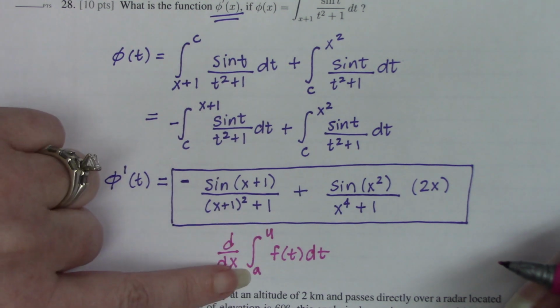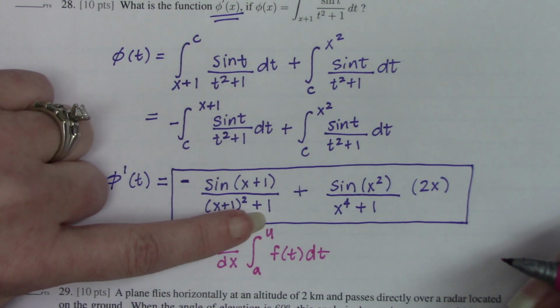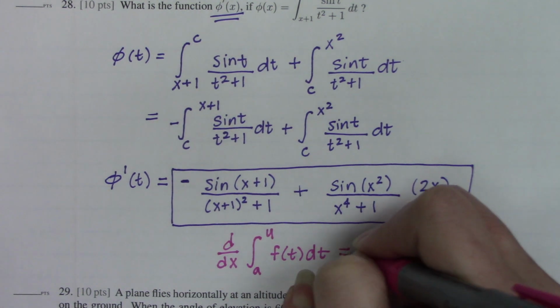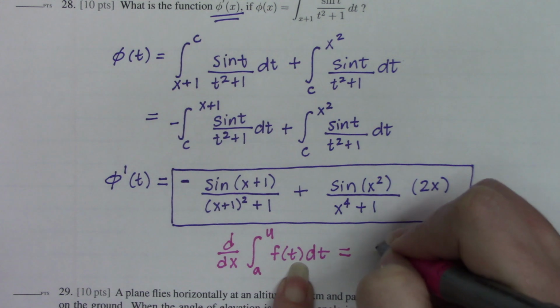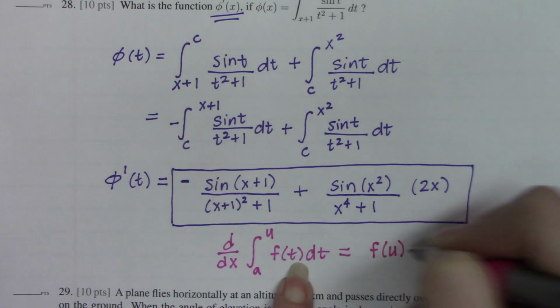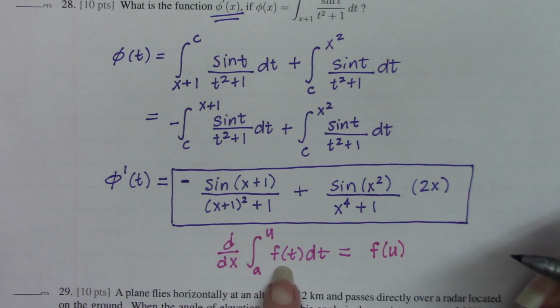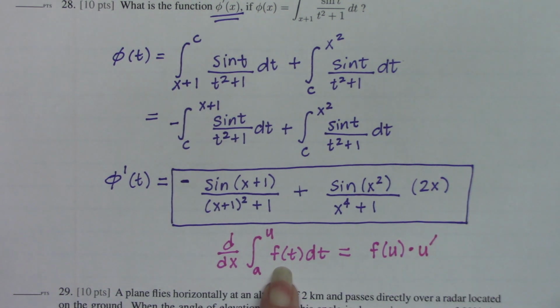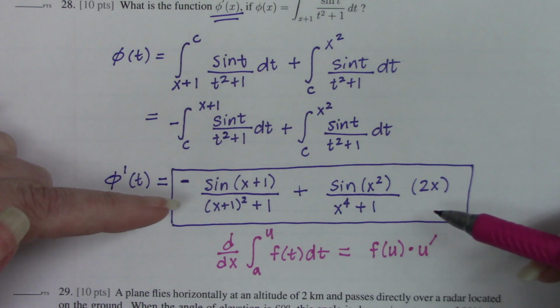I've picked these letters: a represents the number, u represents an expression of x, so think of the same way we use u in u substitution. There's an equation here with x's in it, and then whatever the function of t dt is. The formula says to plug u into the function. You just plug u in for t into the function and then multiply by u prime. That's what I was doing in each of these integrals.